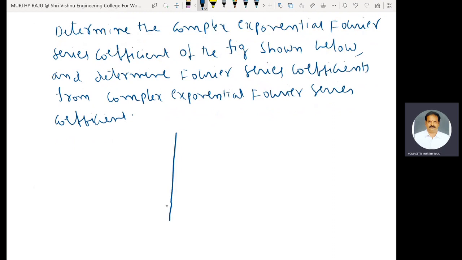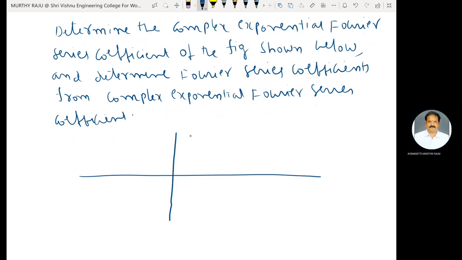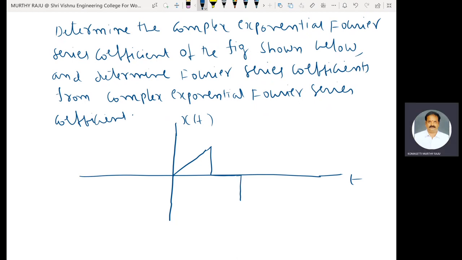The waveform is shown here in the figure, X of t. This one is 1, this one is 1 minus 1.